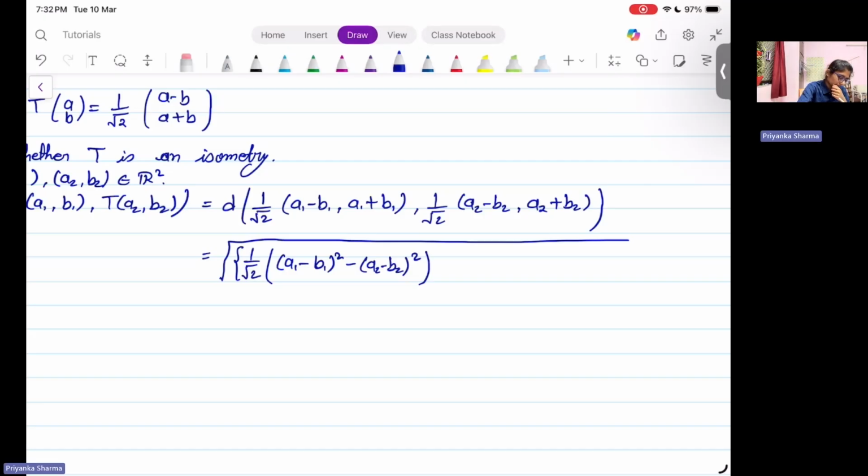So this will be minus B1 minus A2 plus B2 whole square, plus 1 by root 2 A2 minus A1 plus B1 minus A2 minus B2 whole square.